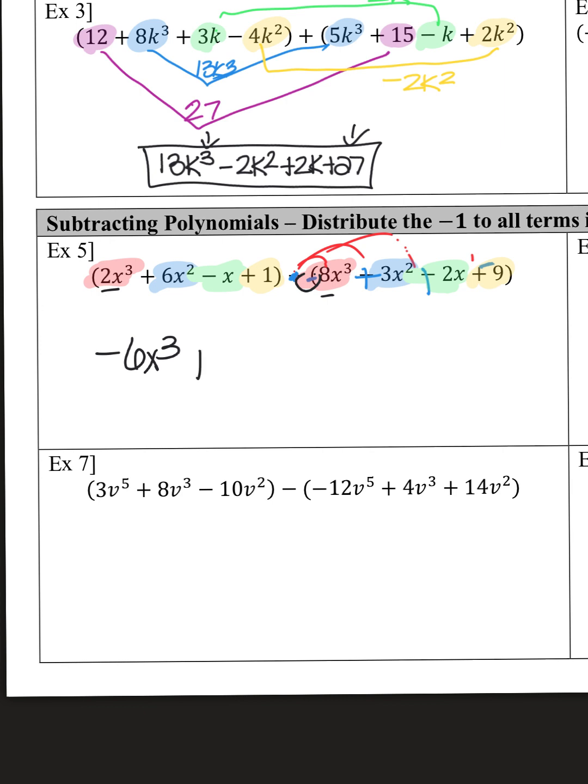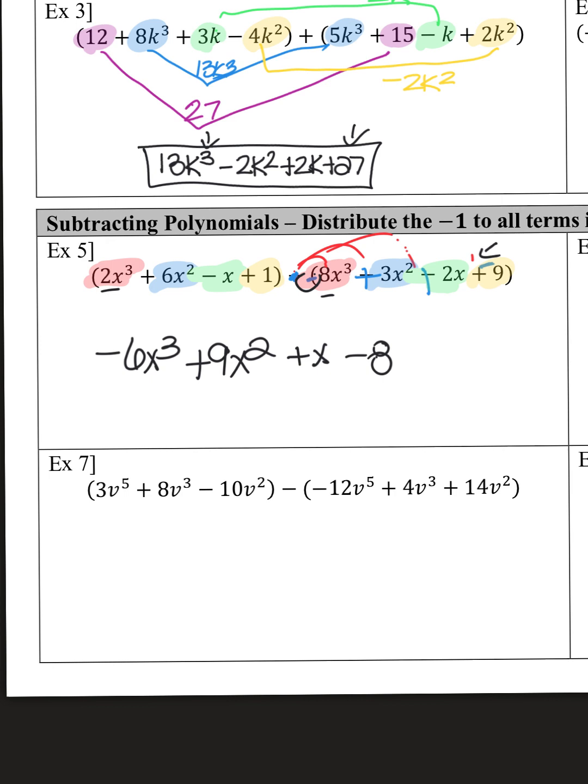So I'm adding my 9x squared. Okay, now moving on to my yellow, I have a negative 1x plus 2x, so I am just left with x. And then a positive 1 minus 9, okay? Don't forget that negative there. So I'm left with negative 8.